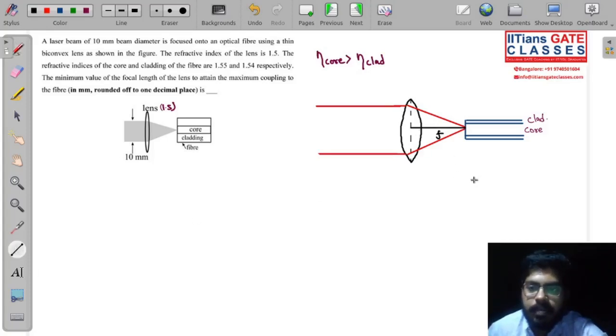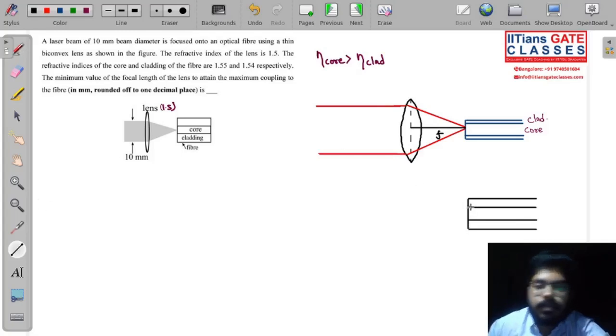So it is assumed that the diameter of the core is very negligible compared to f, or else the diagram would have been like this, and the rays would not have converged to a point.